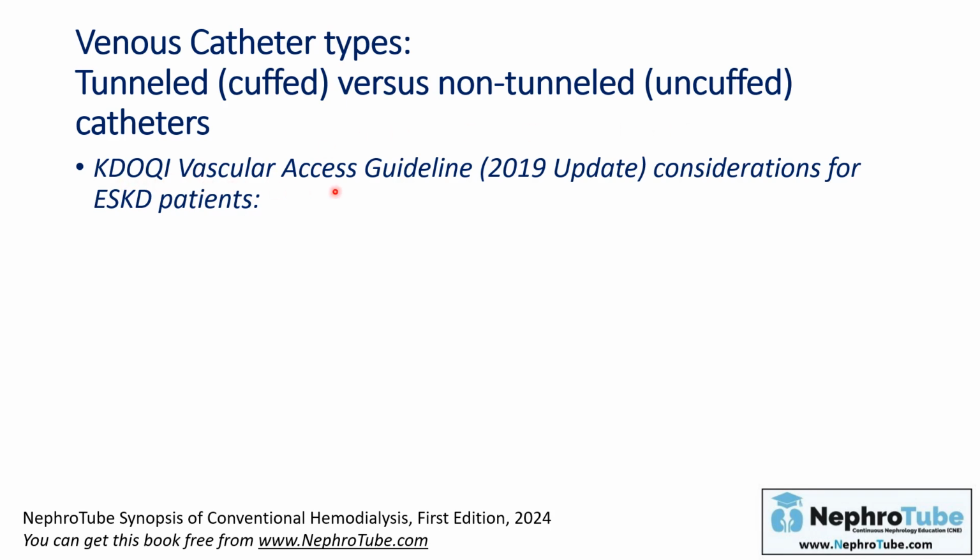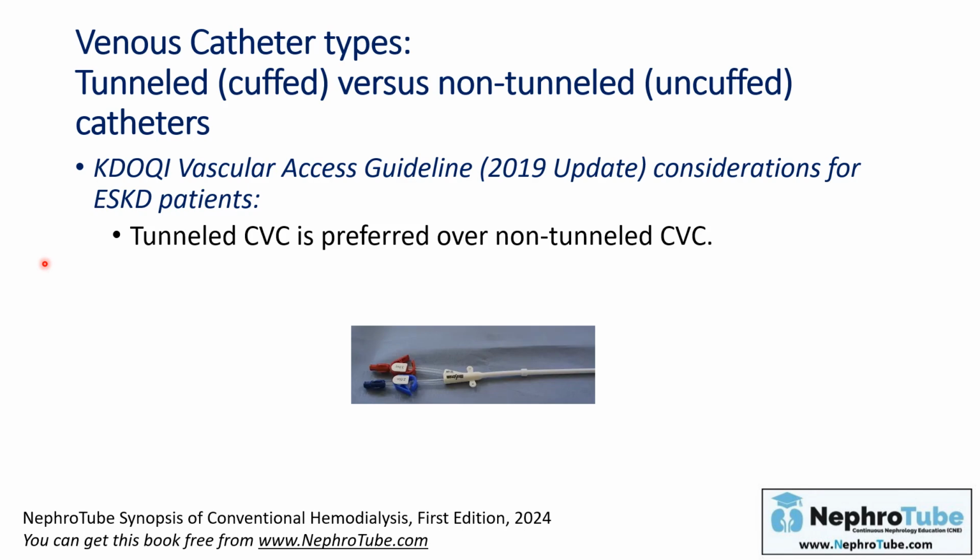The Care-Dr.Gawad Vascular Access Guidelines, for patients with end-stage kidney disease who require and are indicated for venous catheter insertion, preferred the tunneled catheter over the non-tunneled. The tunneled catheter, as you can see here, has what is called a Dacron cuff.